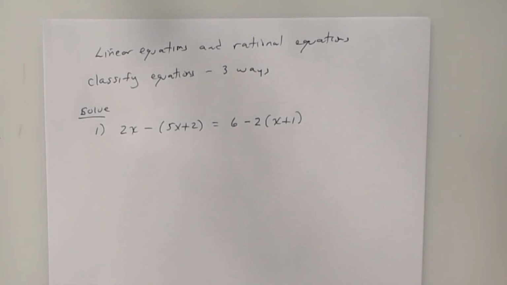All right, so I want to solve this equation. So I think one of your worksheets says solve the equation, also determine whether it's conditional, identity, or inconsistent. Was that one of them? Okay, so that's what we're working on right now.